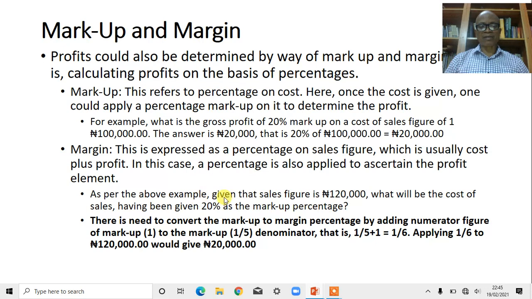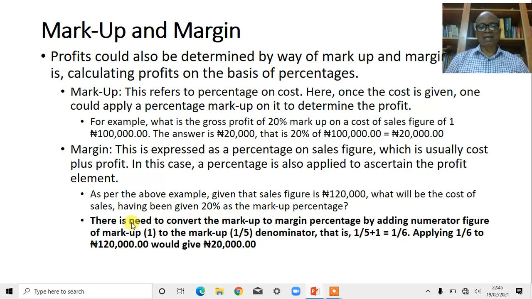As per the above example, the one we used earlier on, given a sales figure of 120, what would be the cost of sales, having been given 20% as markup percentage? As a matter of fact, what should be the profit? Now we have figures given to us as sales figure, not as cost this time around. So we're going to be talking about margin, but we'll be given a percentage in place of markup.